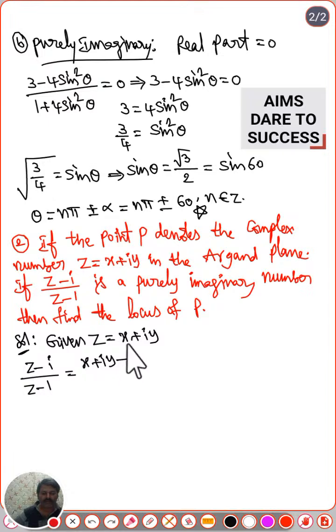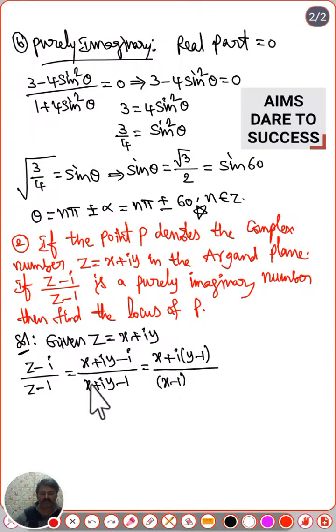So the numerator is x plus iy minus i, and the denominator is x plus iy minus 1. Split the real part as well as the imaginary part. The numerator x is the real part; after taking i common, the remaining value is y minus 1. So x plus i into (y minus 1) is the numerator. In the denominator, x minus 1 is the real part, plus iy.